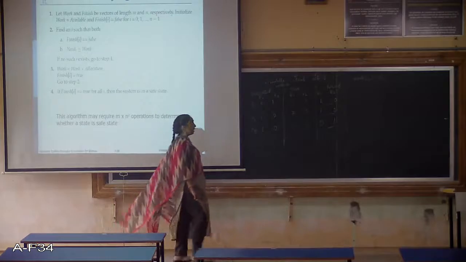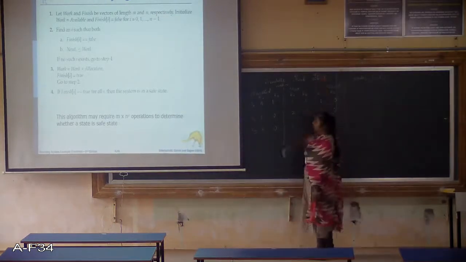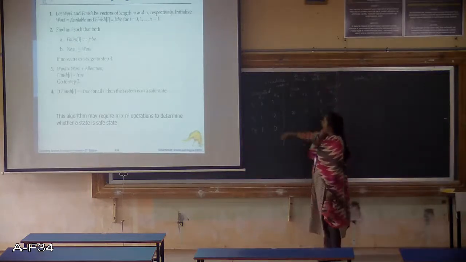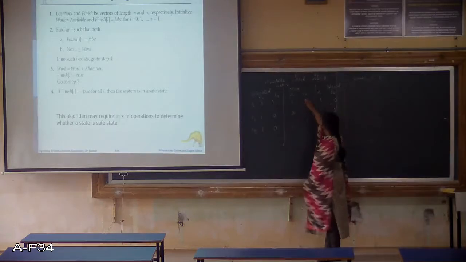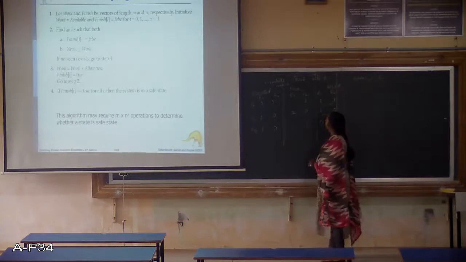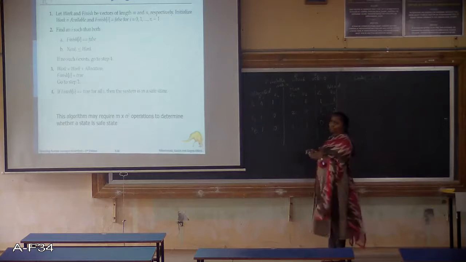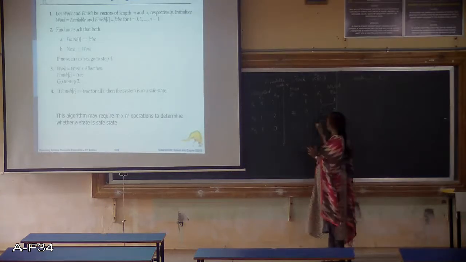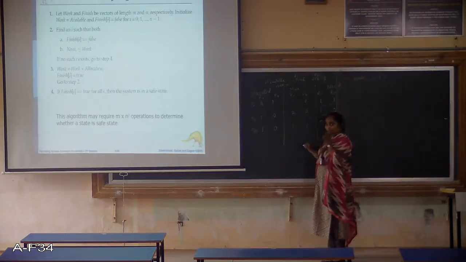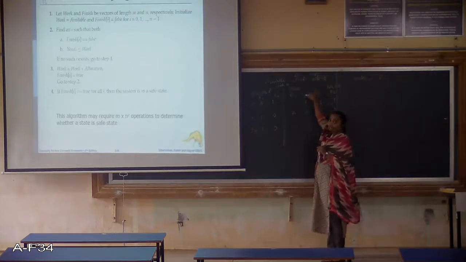Next one, if no such i exists, go to step 4. Supposing now, what would happen if I had 0 USB, I had only 1 USB, I have allocated it, and this also requires 2. If CPU or USB ports are not available with us in enough numbers to allocate the number of instances that the process requires, we have to see the need.